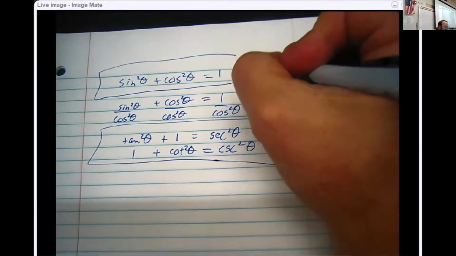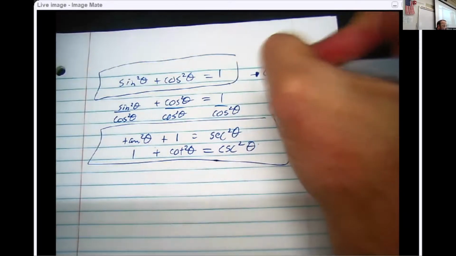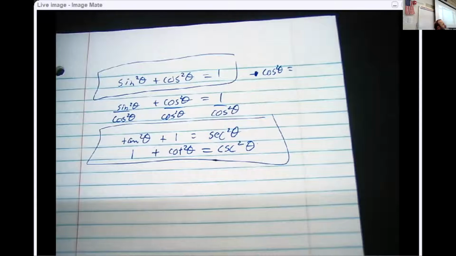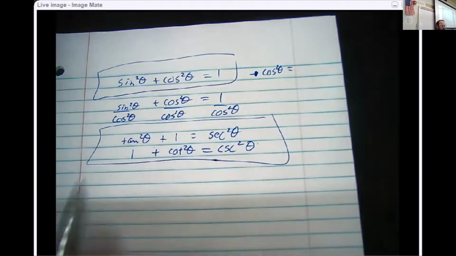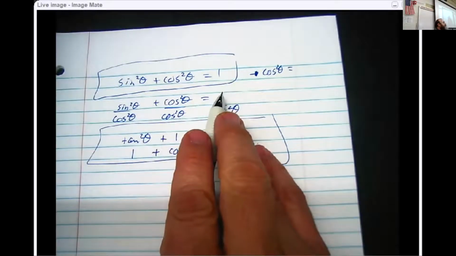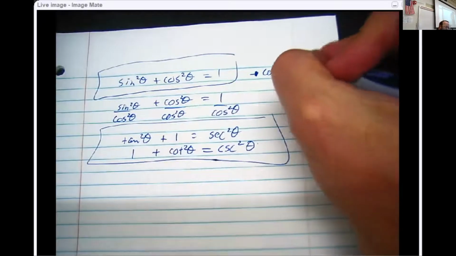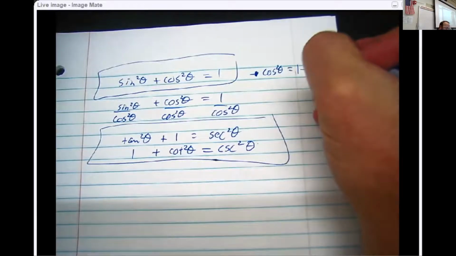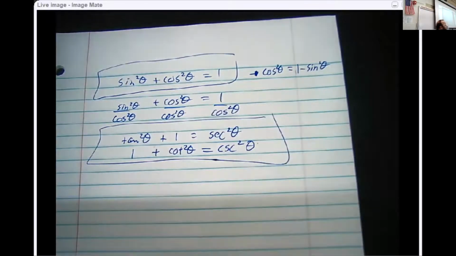Like, as in, what is the cosine squared itself equal to? I like it. You said negative sine squared plus 1? Yeah, I like it. But I'm going to write it backwards. Is that the same thing?